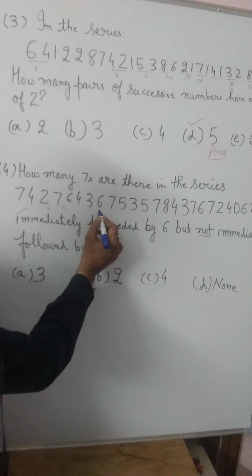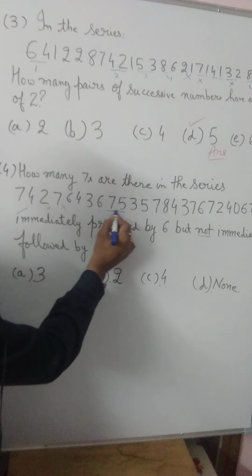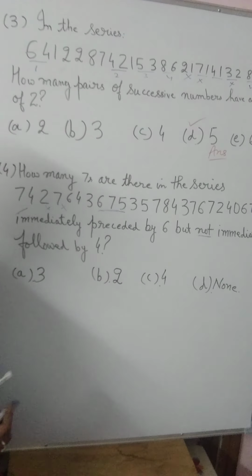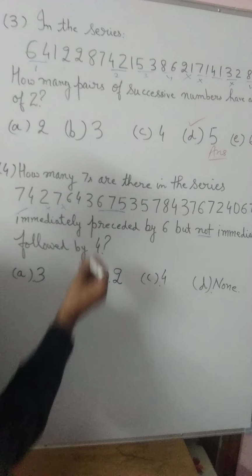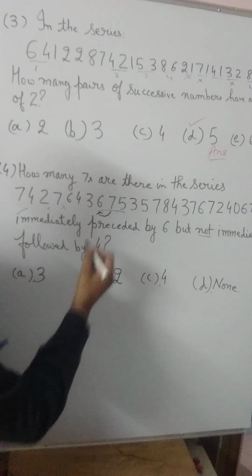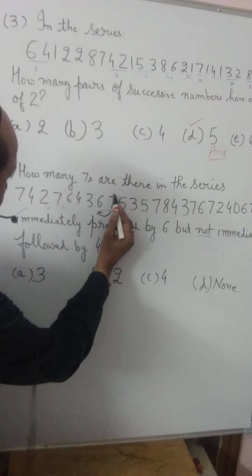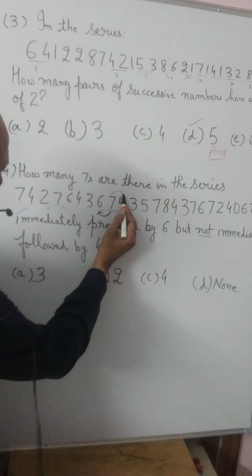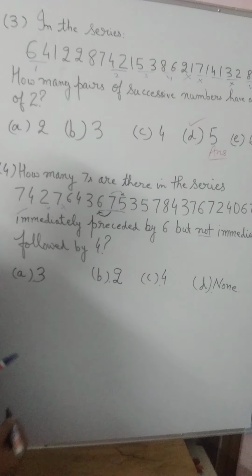Let us see this one: 6, 7, 5. If we see carefully, we have 6 before 7, okay, and 5 after 7.